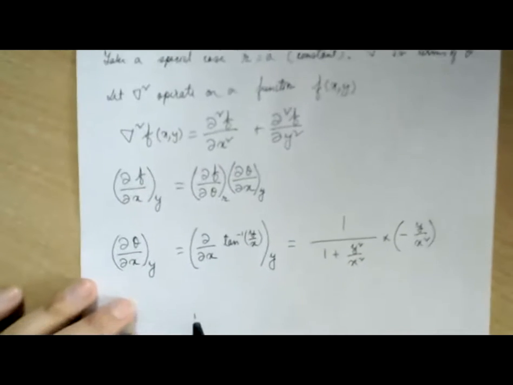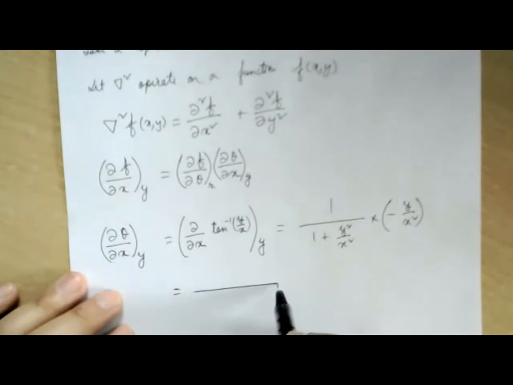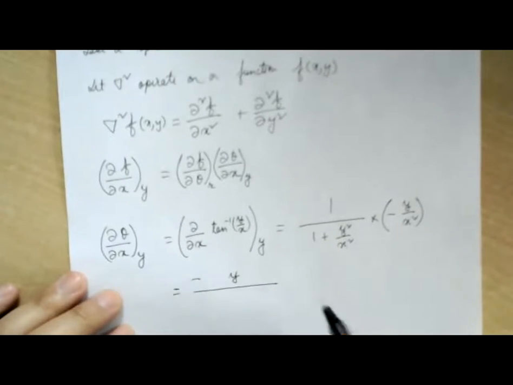So this is equal to minus y over x square plus y square.